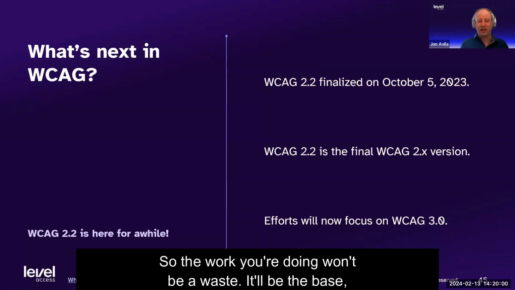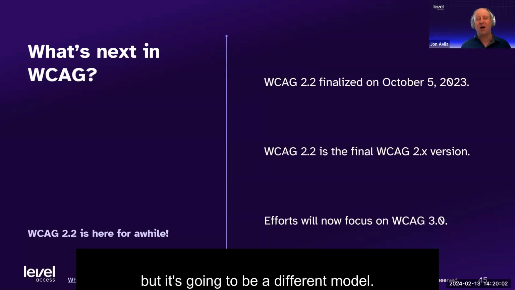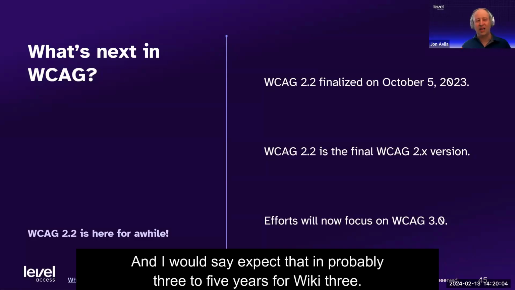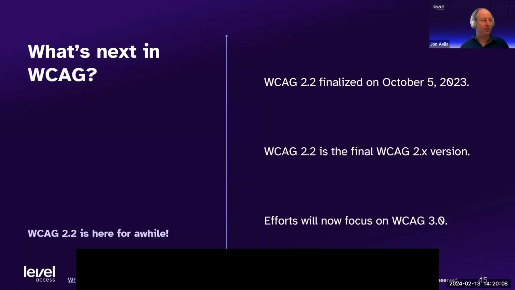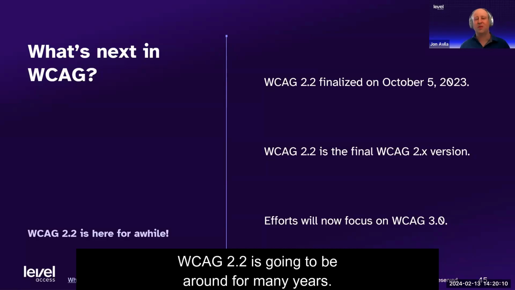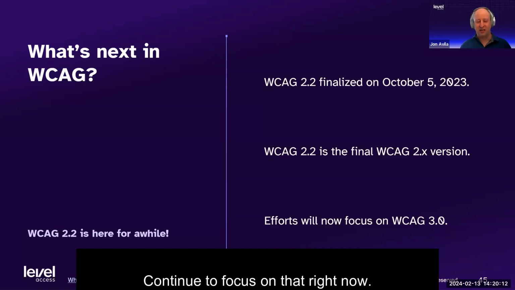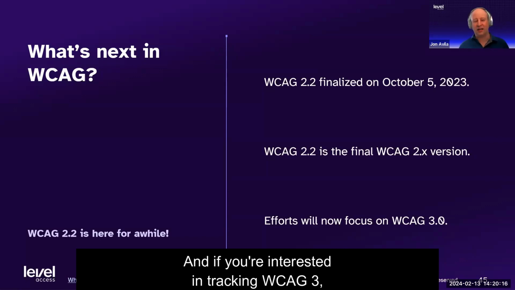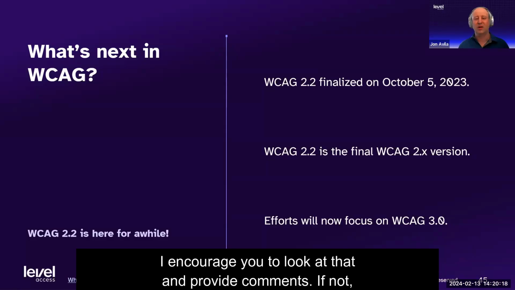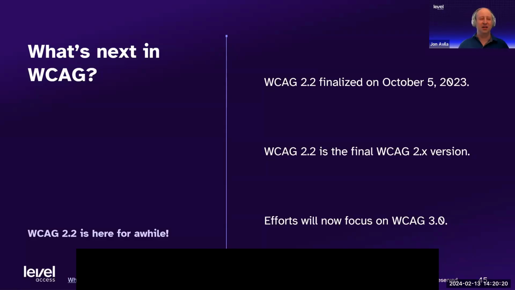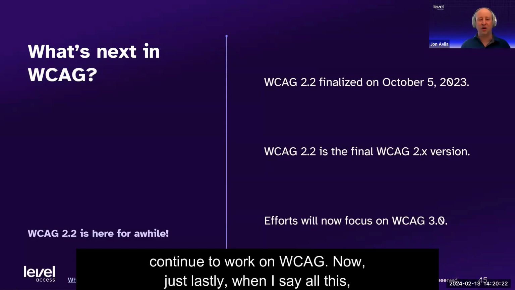It'll be the base, but it's going to be a different model. I would say expect that in probably 3 to 5 years for WCAG 3. WCAG 2.2 is going to be around for many years. Continue to focus on that right now. And if you're interested in tracking WCAG 3, I encourage you to look at that and provide comments. If not, continue to work on WCAG 2.2.